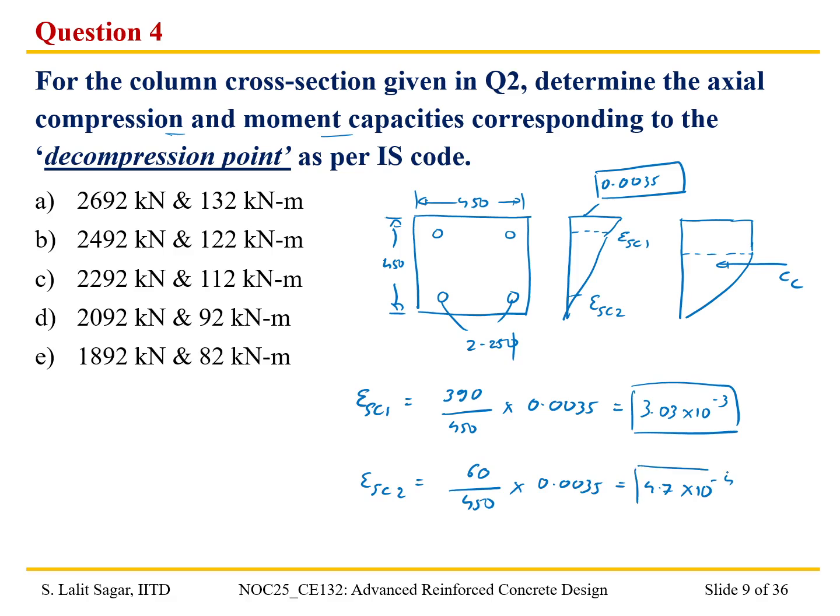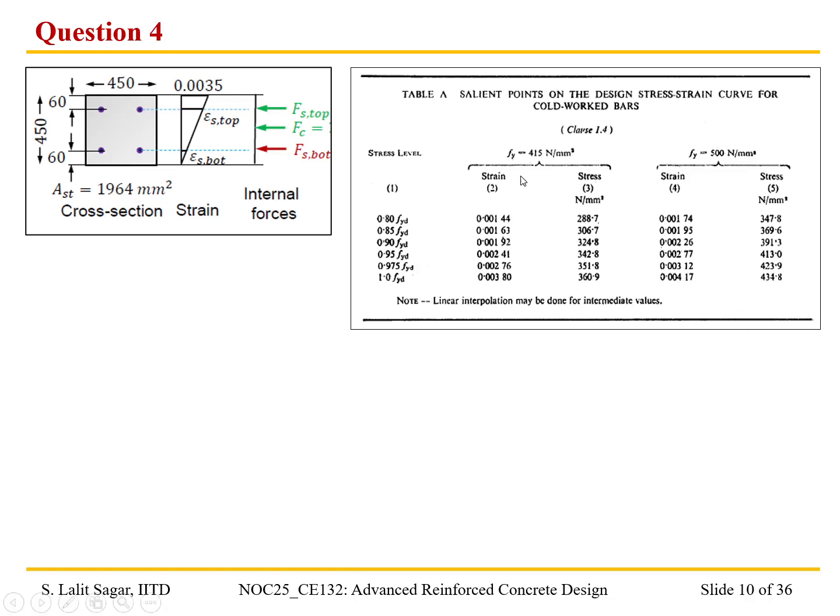Once we have the strain values, we need to find the stress values. We can obtain that from the table given in SP16; you can have a look at it in the notes as well.